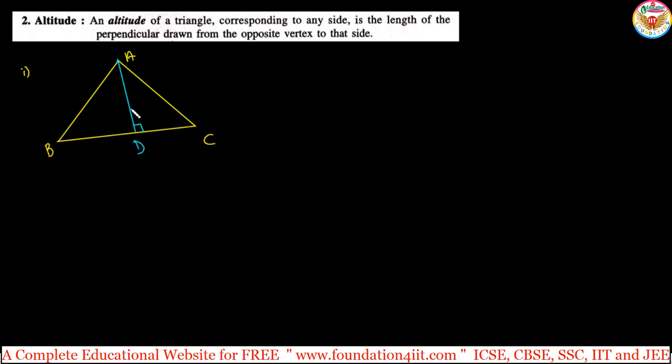The altitude of a triangle corresponding to any side is the length of the perpendicular drawn from the opposite vertex to the side. Let's take the first one. This is a triangle ABC. From vertex A, if you draw exactly perpendicular to the base BC, it must be 90 degrees. AD. So AD is the altitude now.